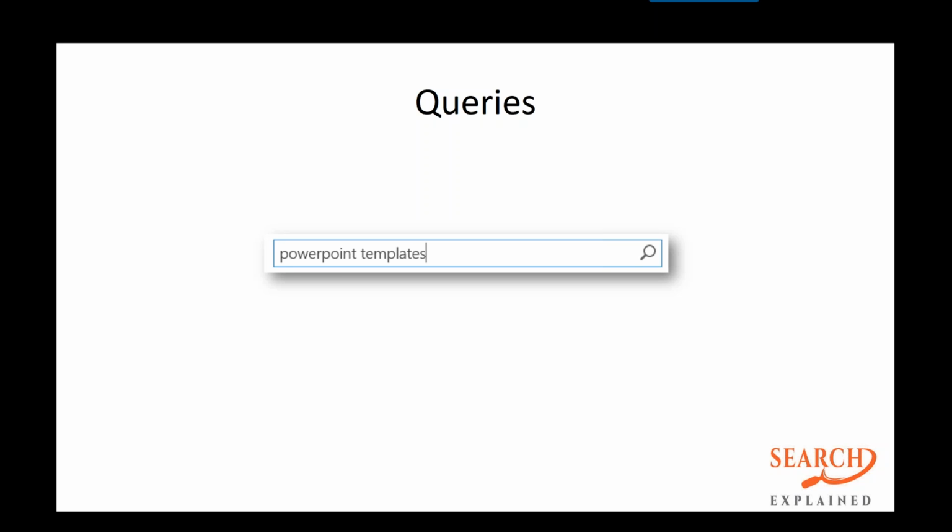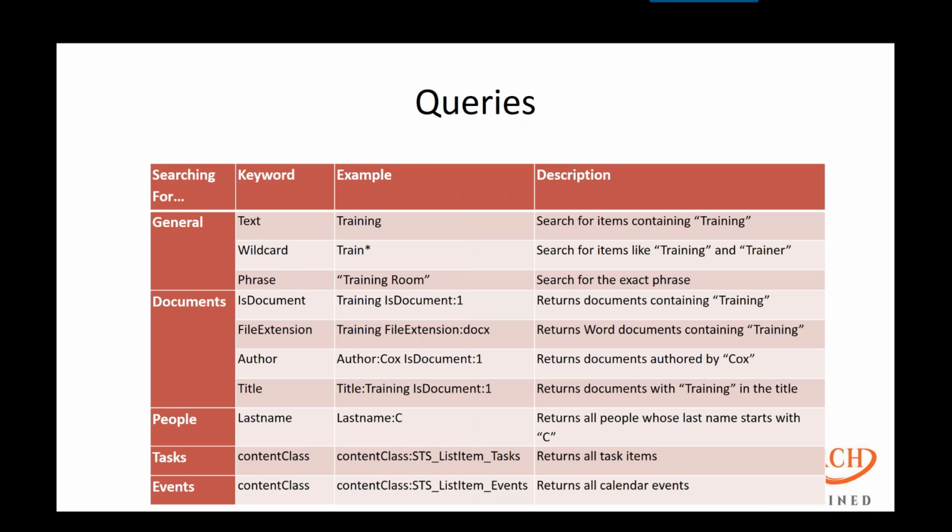It seems to be simple, but if I show you this table, you can see how complex it is. We can use very complex syntax for entering our queries, for filtering properties, for filtering file types, for using wildcards, for using phrase searches. So it can be quite complex. How can you utilize it?